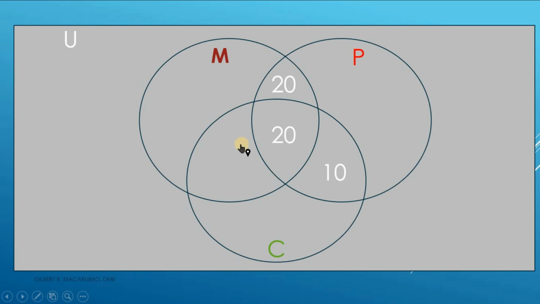The next, we have mathematics and chemistry. 50 students like to study mathematics and chemistry. Since the intersection is 20, we need 30 to make it 50.